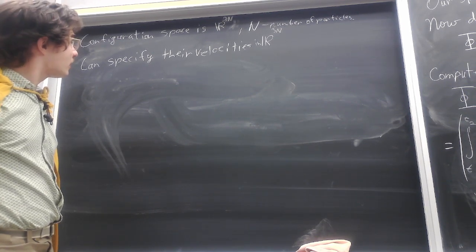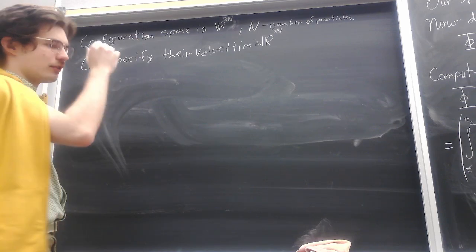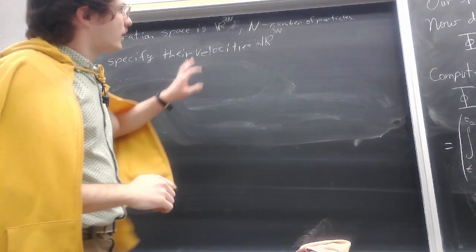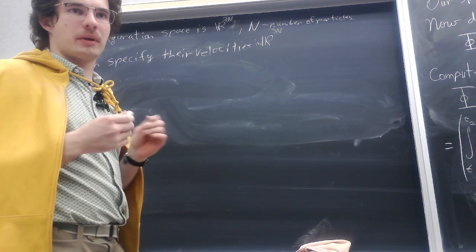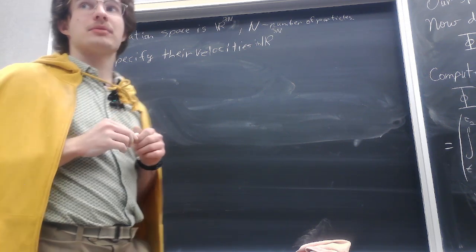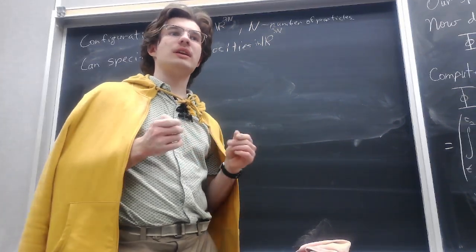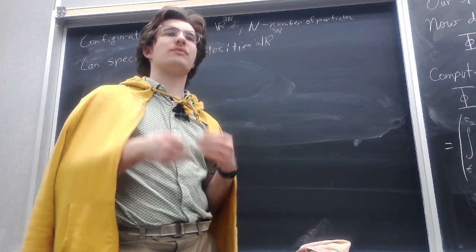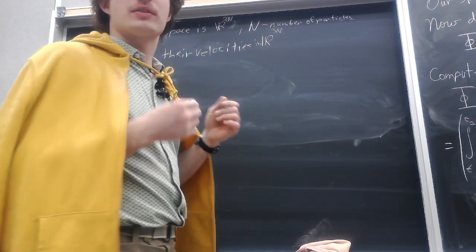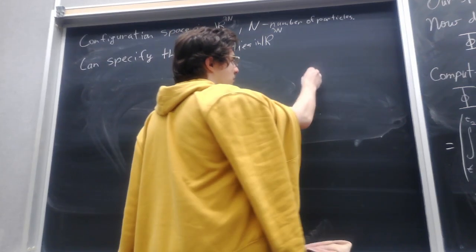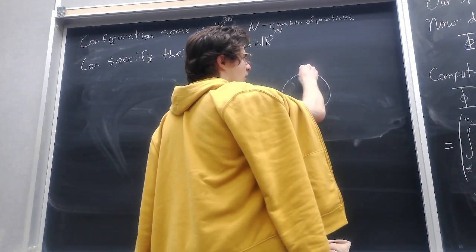Now, this is if it was in R^n, and I was choosing usual coordinates for my particles. But perhaps I don't need as many coordinates as 3n, because suppose I had my particles restricted on some ring.